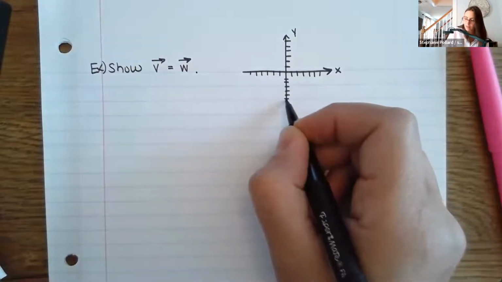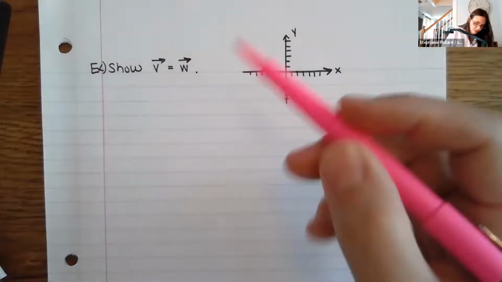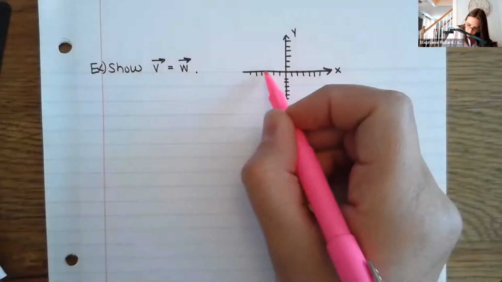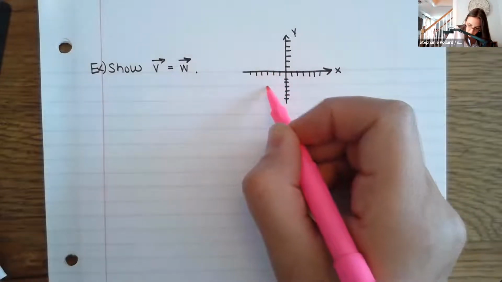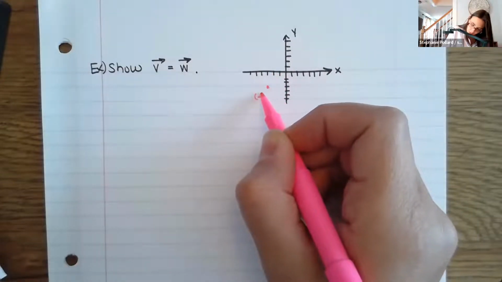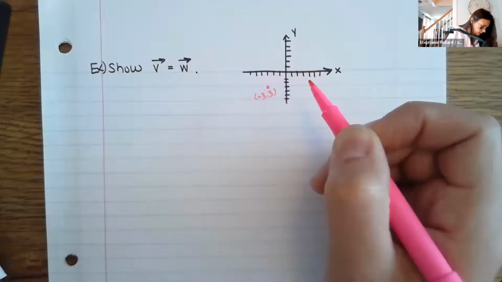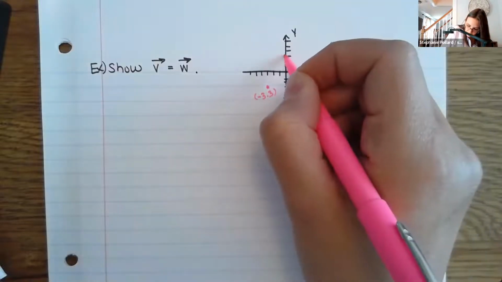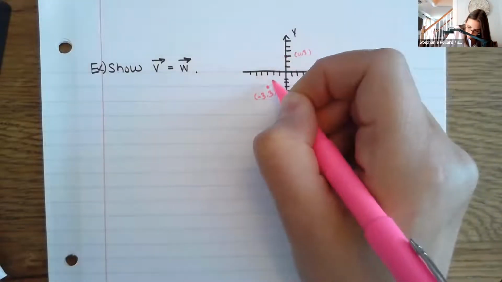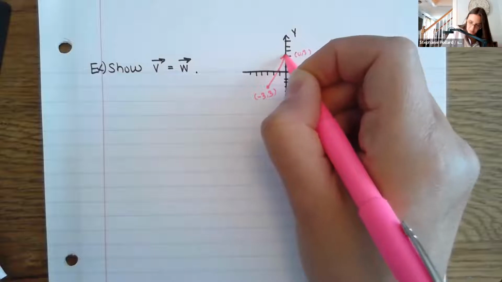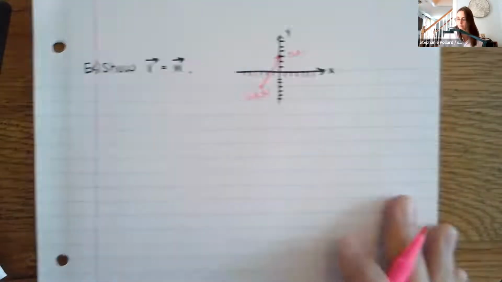And I'm just going by units of 1. So my first vector, 1, 2, 3, is going to start at negative 3, 3, and it's going to end at 0, 3. So this is its starting and ending points.